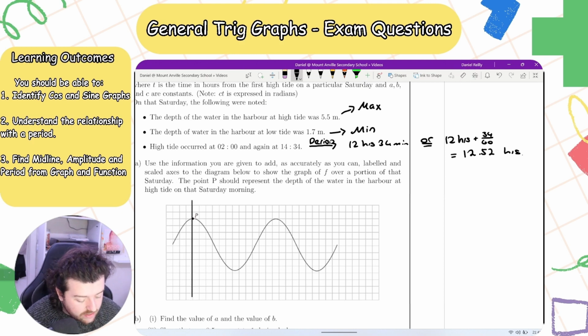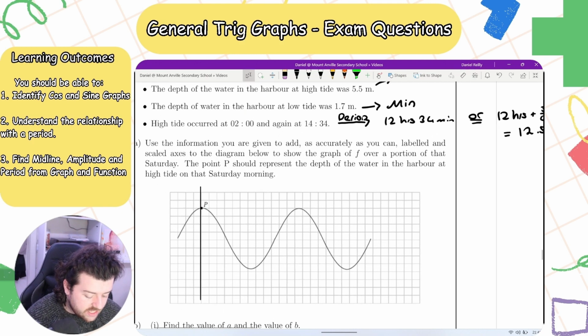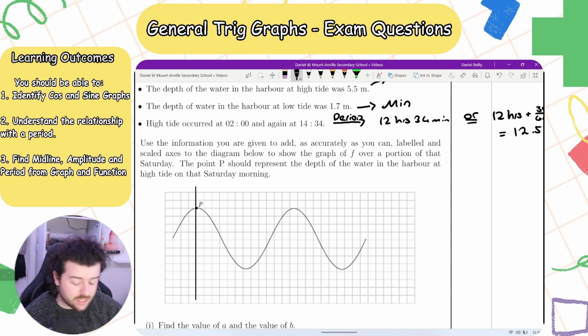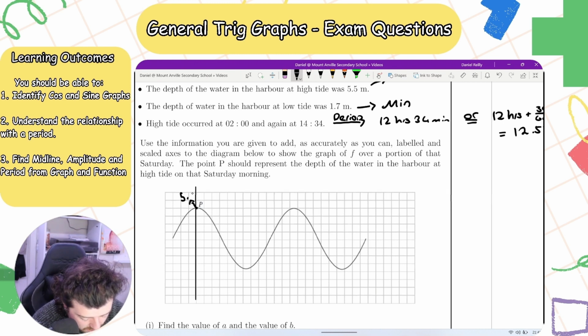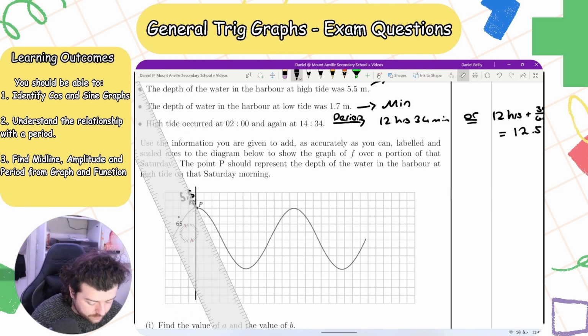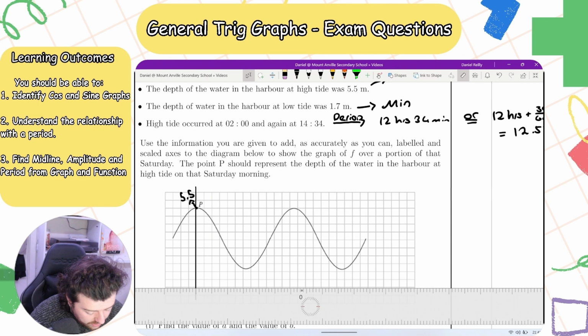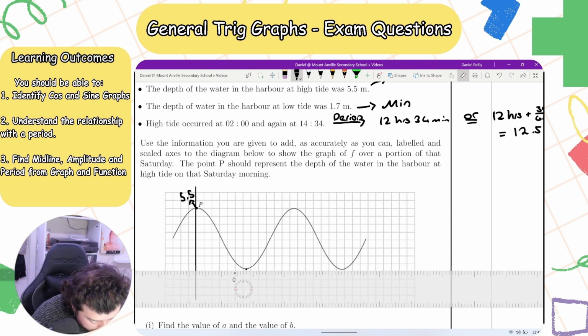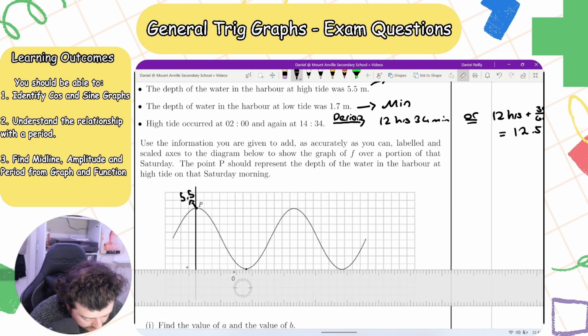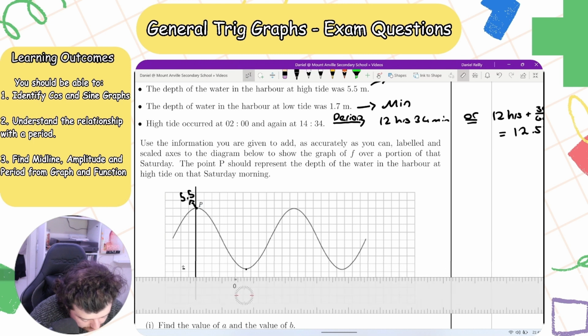t is the time since high tide. So when t is equal to 0, or when it's touching the y-axis, P should be my maximum. In this case, it's equal to 5.5. Then down here is my minimum, which is going to be 1.7.